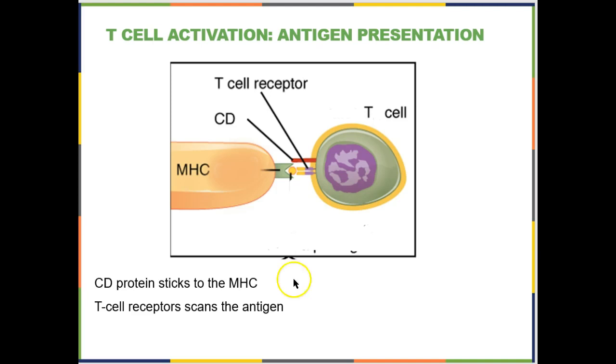So just to review, right? MHC1 presents the antigen, and make sure that the right T cell is scanning the right MHC, or the right antigen presenting cell, and that allows the T cell to scan the antigen and determine whether or not it is a foreign particle.